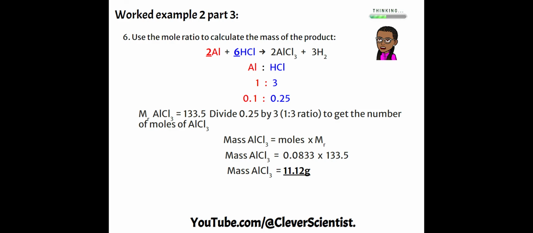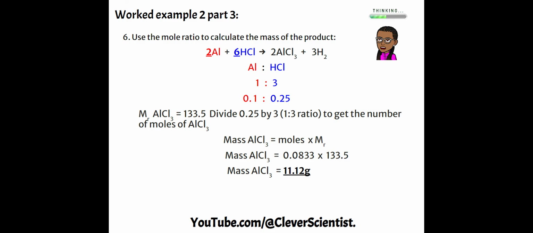Now, the mass of aluminium chloride is equal to the number of moles multiplied by the formula mass. So let's do that. We've got 0.0833 moles multiplied by the formula mass, which we've already worked out to be 133.5.